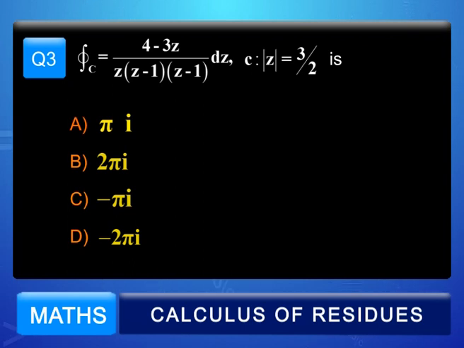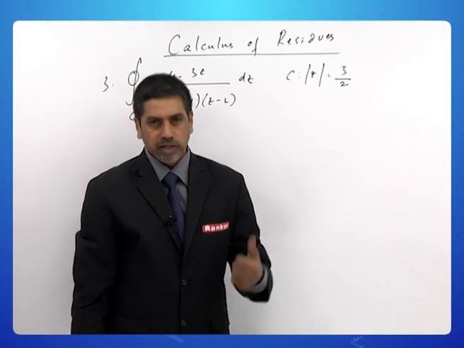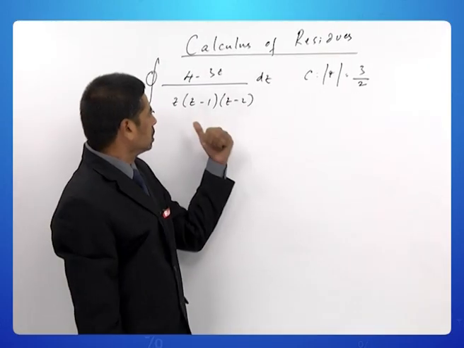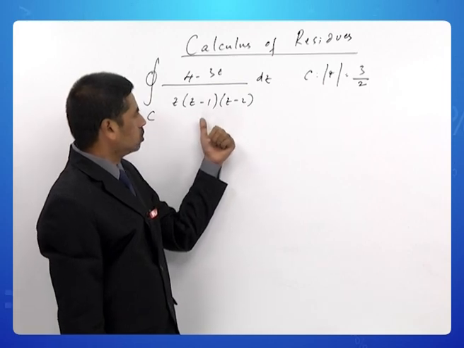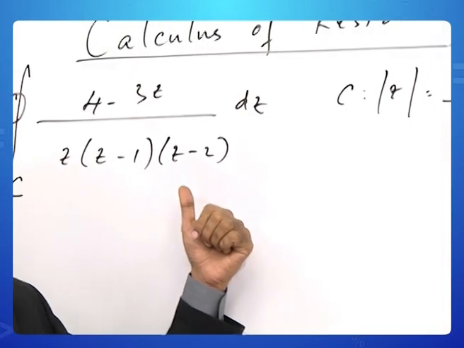What is the output of the contour integral of (4 minus 3z) by z into (z minus 1) into (z minus 2), where C is the circle mod z is equal to 3 by 2? You can see very clearly from the function that we have got 3 poles, z is equal to 1, z is equal to 0 and z is equal to 2.